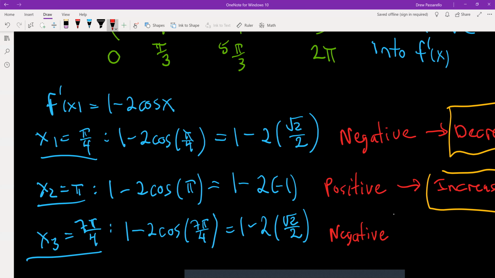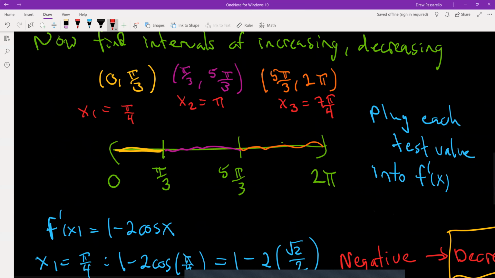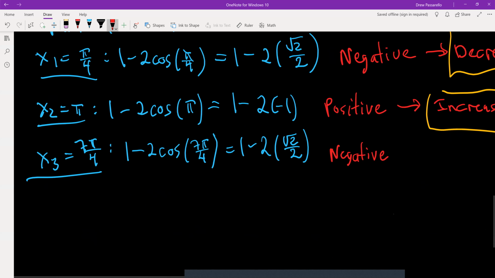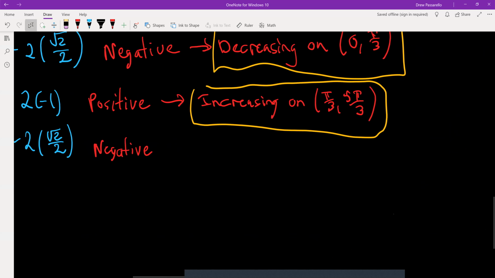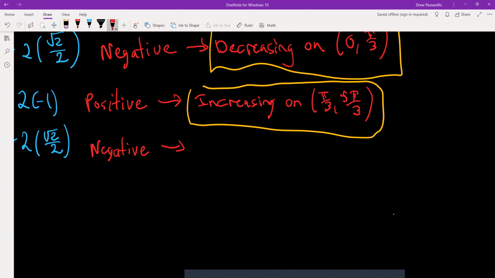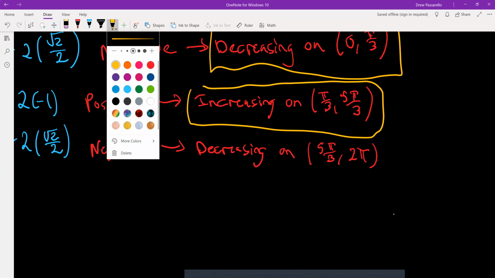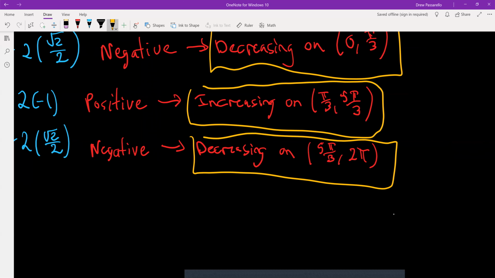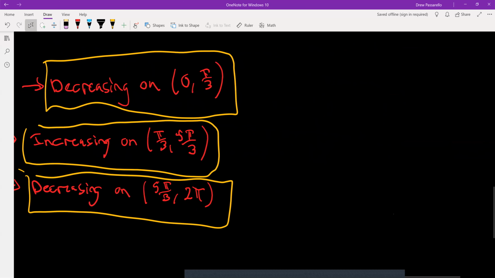All right, that came from the last interval, 5 pi over 3 to 2 pi. So that means it's decreasing on that interval. Okay, so those are my intervals of increasing and decreasing.